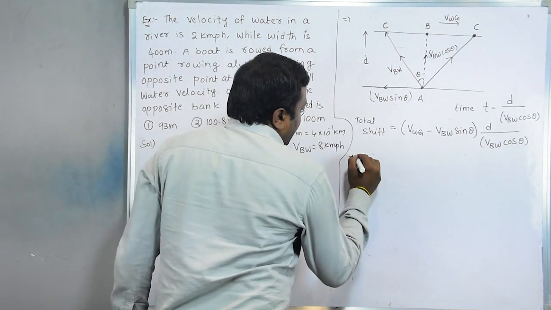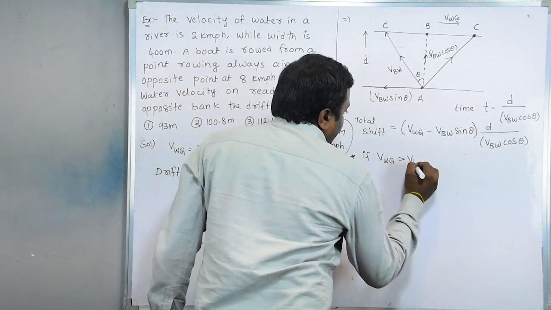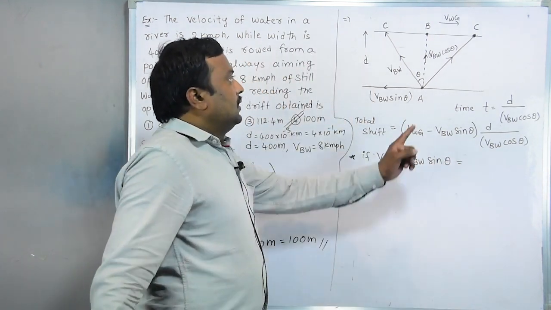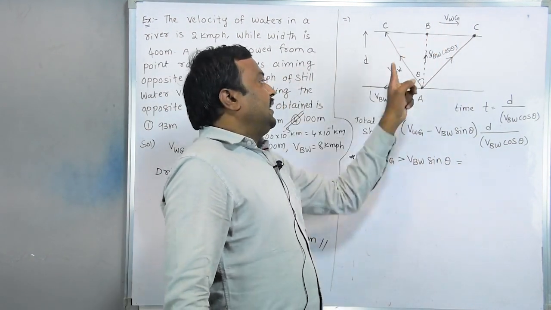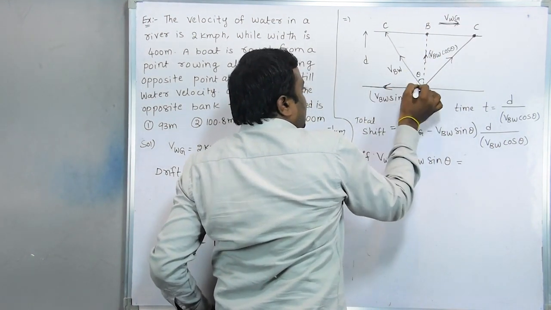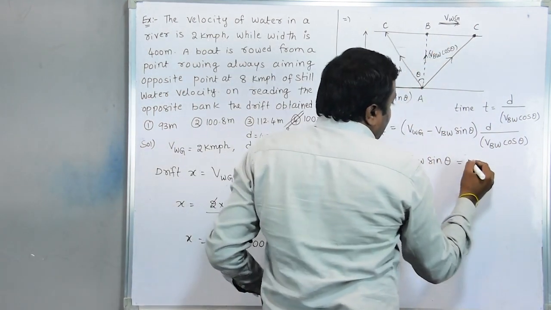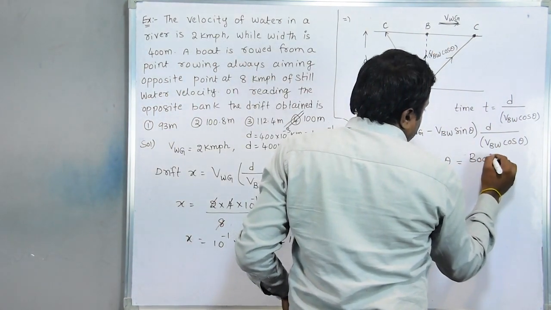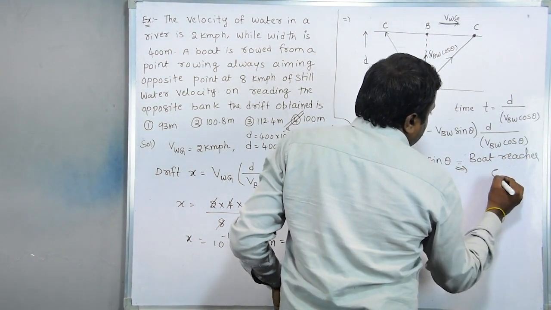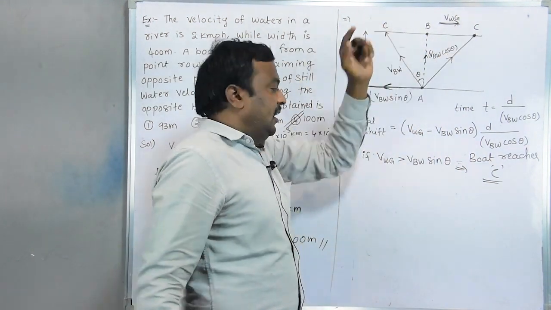Now in this you see, if VWG is greater than VBW sin theta, this velocity is greater than this velocity. You observe, this is in this direction, this is in this direction, both are in opposite. If it is greater than this one, then the boat reaches the point C.